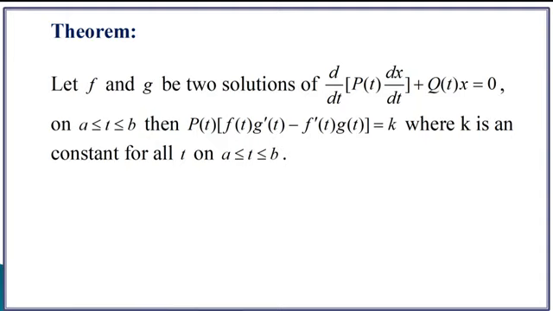But this is just an intermediate step which we need to prove a bigger theorem. So that's why we are also proving this intermediate step as a theorem. What this theorem basically states is that if you have two solutions, this term becomes constant. In the next slide, we see the proof of this theorem.